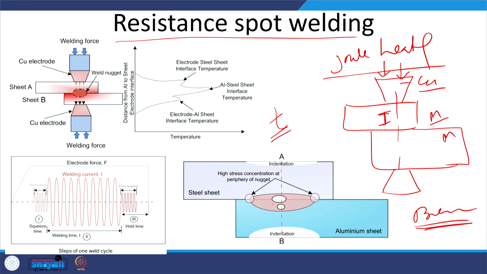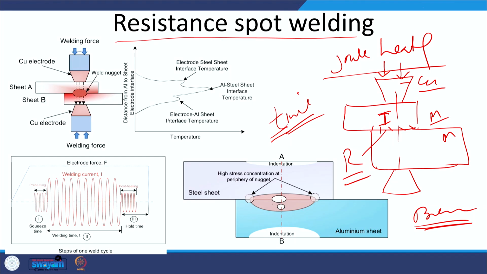So, pressure, current and the time of the current flow are the three important parameters. Apart from that, the surface condition will determine the contact resistance at the interface. If a lot of impurities are present, then resistance will be high. If the surfaces are clean and very smooth, then contact resistance will be less. So, R, the contact resistance at the interface, is another factor.